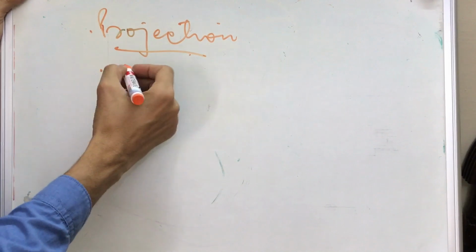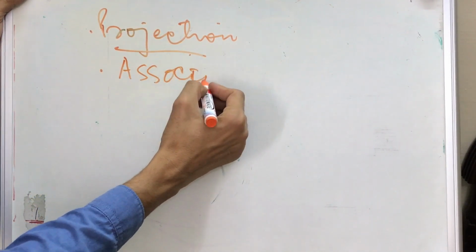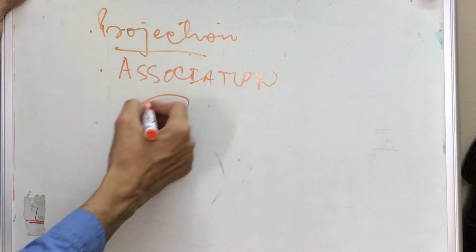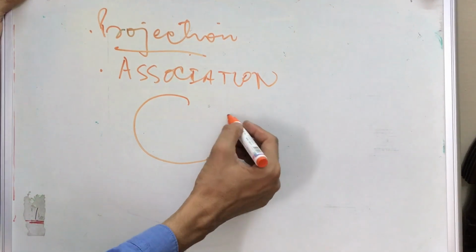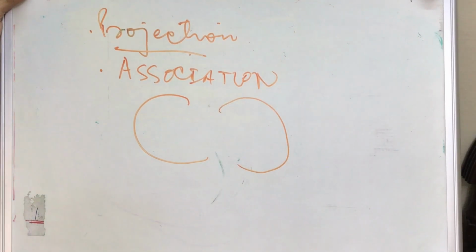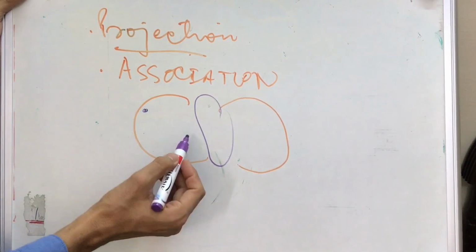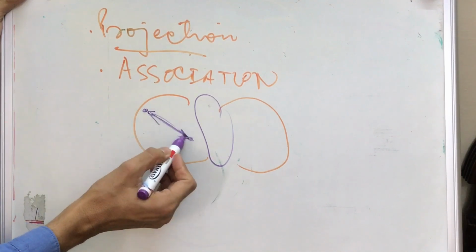Now the second type is association fibers. They associate one part of the cerebellar hemisphere to another part of the same hemisphere. Like within a particular cerebellar hemisphere, if the vermis wants to communicate with this part, or this part wants to communicate with that one, these fibers will travel.